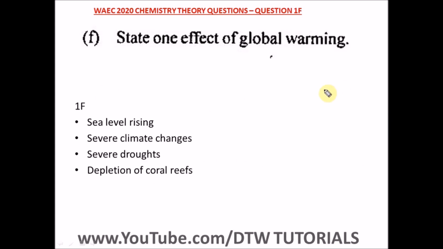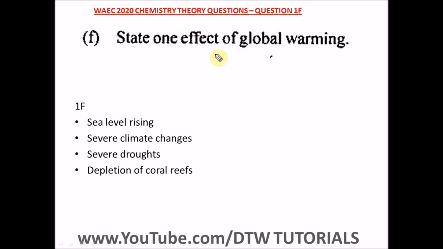1F states the effects of global warming. We know global warming is the gradual heating of the Earth's surface, the ocean and the atmosphere by human activities like burning of fossil fuel and the release of greenhouse gases to the atmosphere.